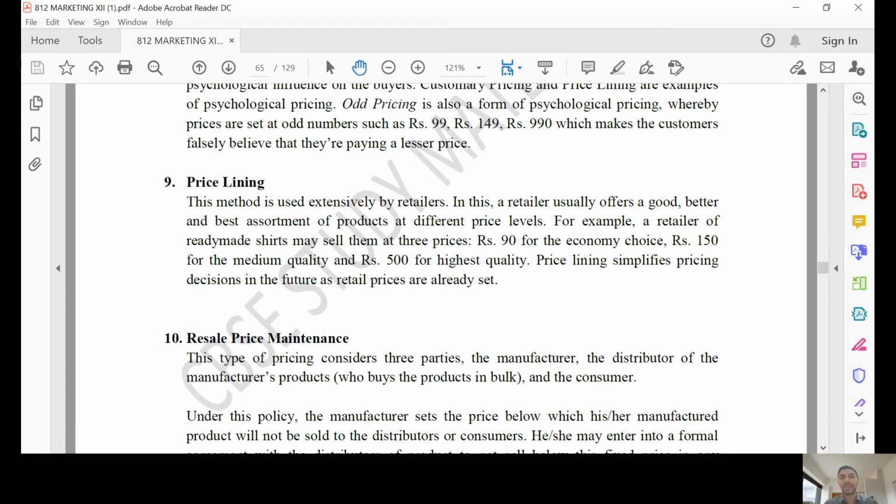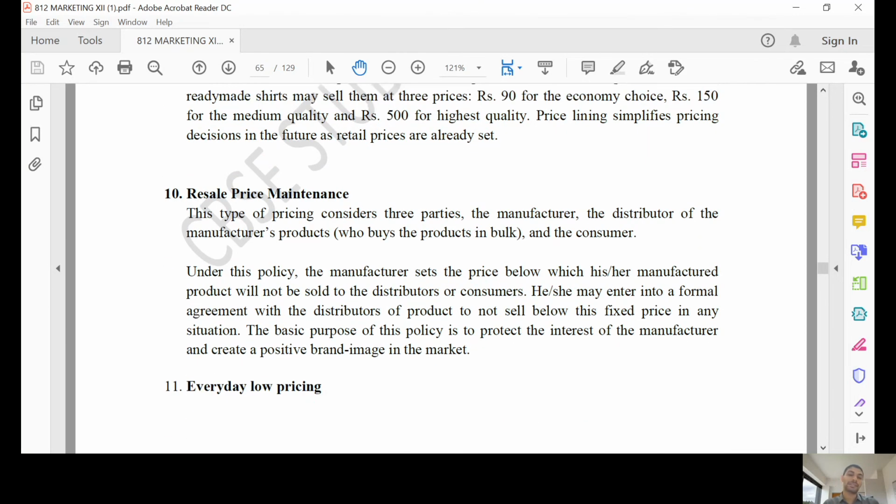So they are making separate categories, and so it is easy to segment. It is easy for the customers to understand, and customers feel that the product at 10 dirham has less quality, the product at 30 dirham has medium quality, and the product at 100 dirham has premium quality. That may not be the case, but a sense of quality difference is created using price lining.